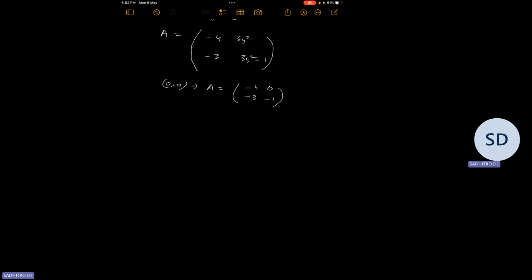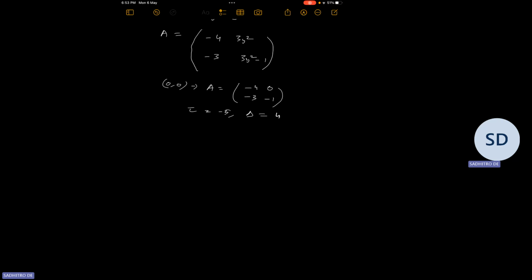Alright. So the trace of the matrix is given by minus 5. Determinant delta is equal to 4. Right.